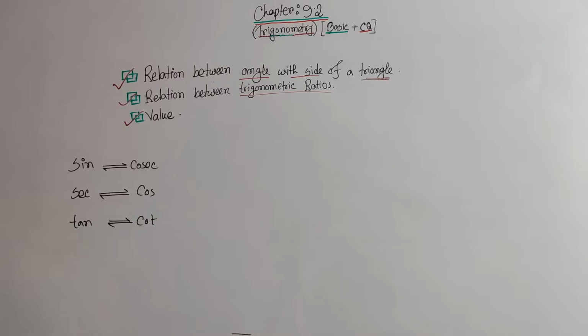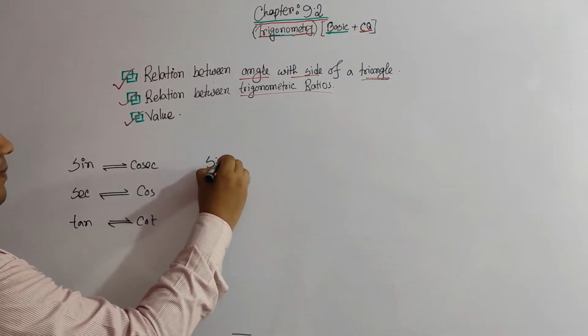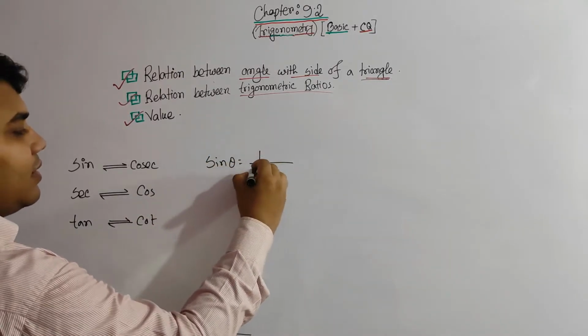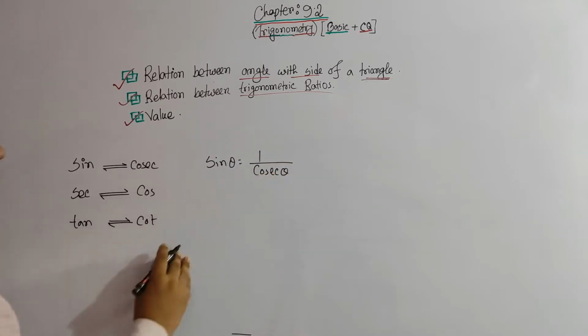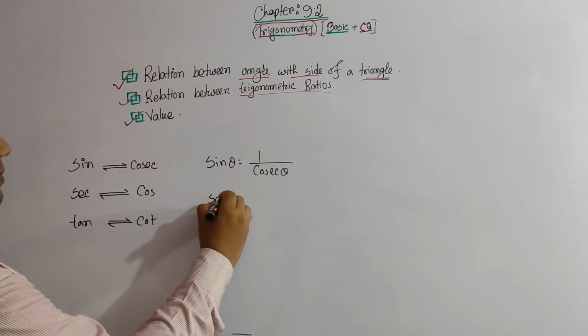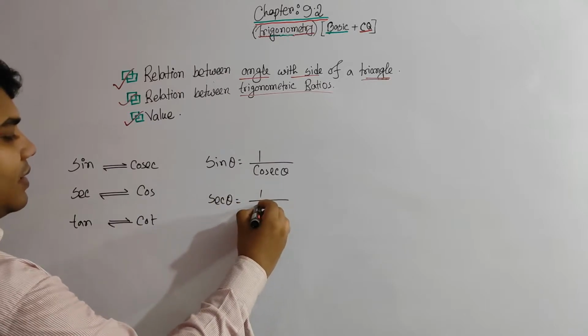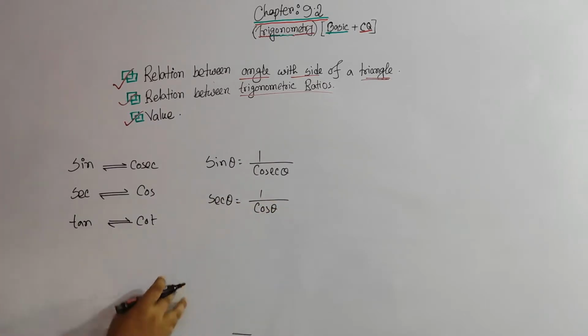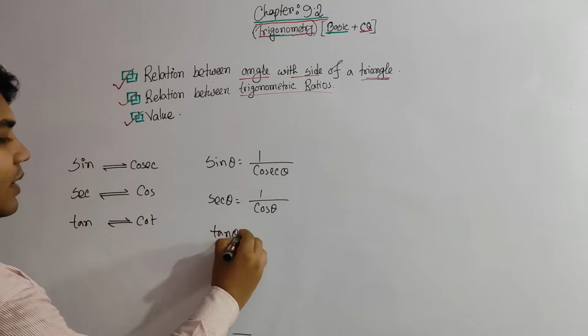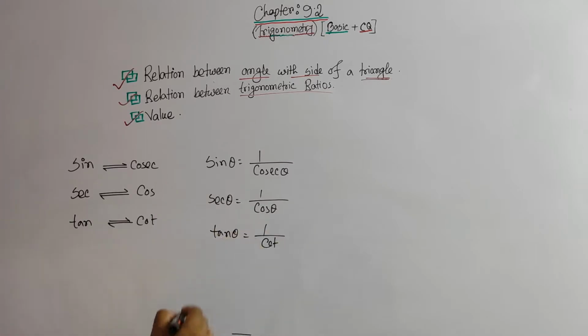That means sin theta is equal to 1 by cosec theta, sec theta is equal to 1 by cos theta, and tan theta is equal to 1 by cot theta.